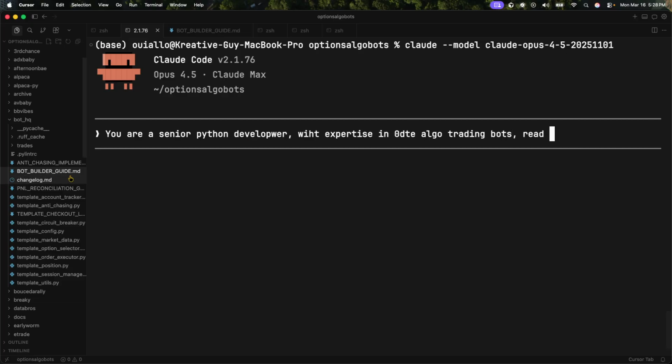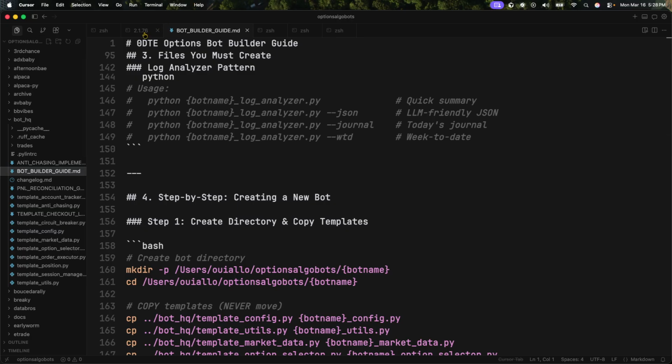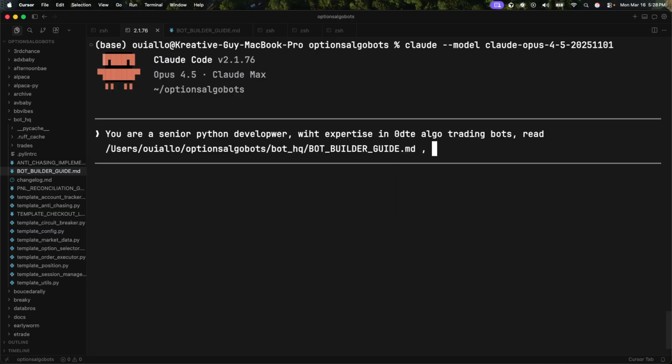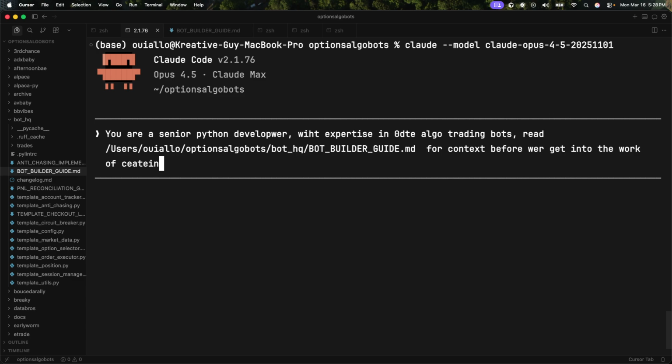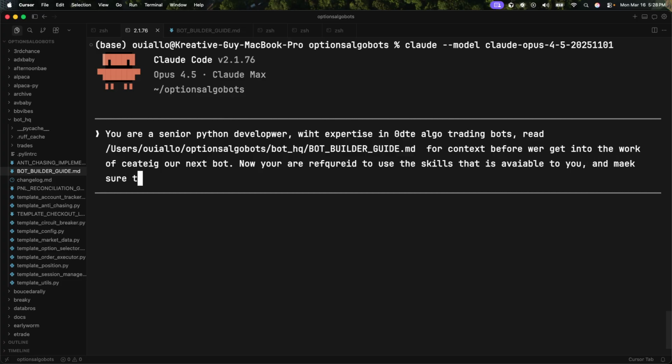Read for context before we get into the work of creating our next bot. You are required to use the skills available to you, and keep all of your output responses under 312 total tokens for each response.